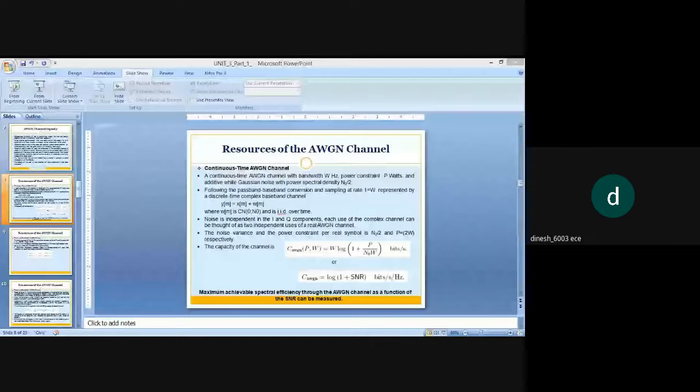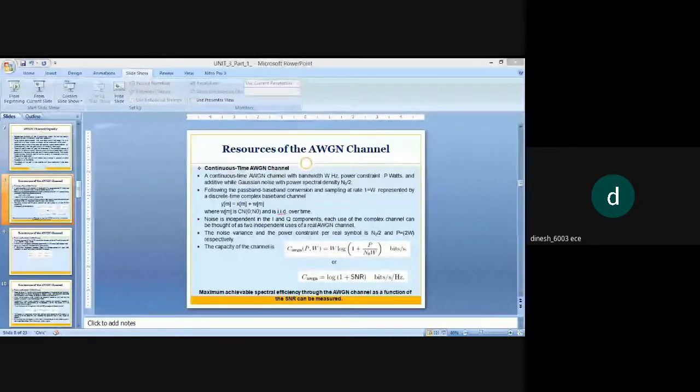So next is the capacity of infinite bandwidth limit. The capacity of the additive white Gaussian noise channel with only a power constraint and no limitation on bandwidth is seen to be finite, even if there is no bandwidth constraint.